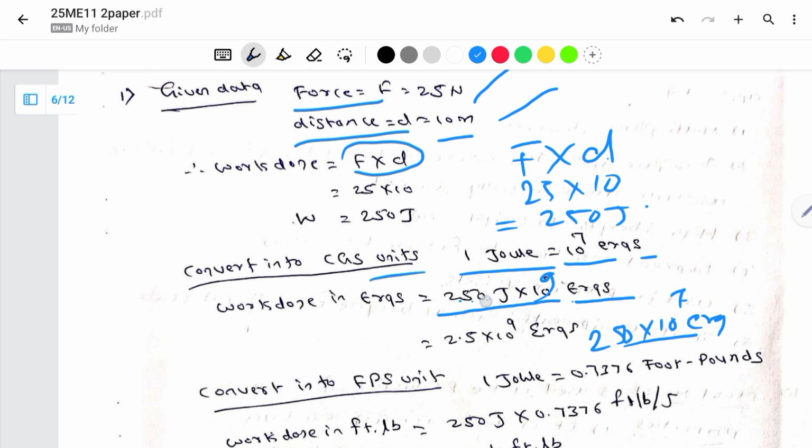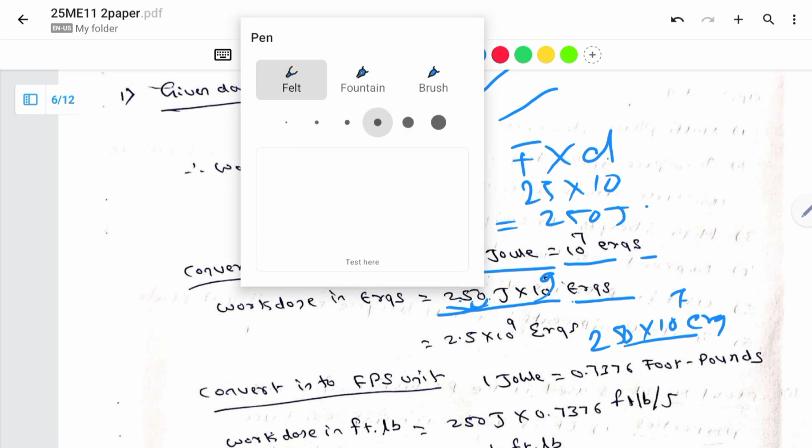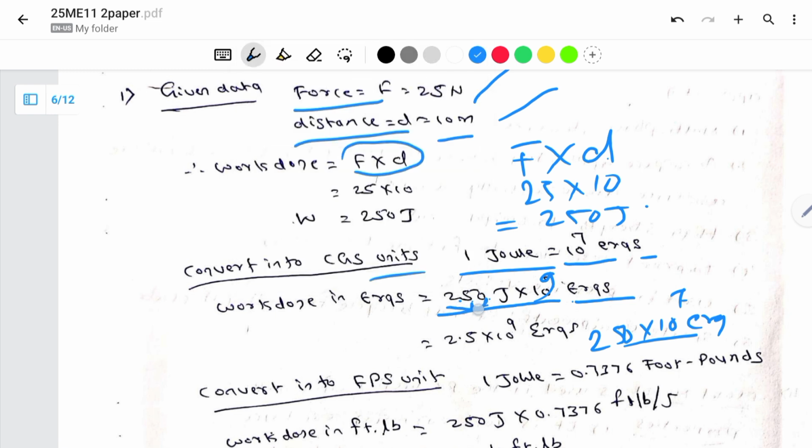Whatever is there as 7, it will become 8, 9, because we are shifting two places. So you add 2 to the existing 7, and it will become 10 raised to 9. Okay, so in this way you can convert that into the CGS unit.